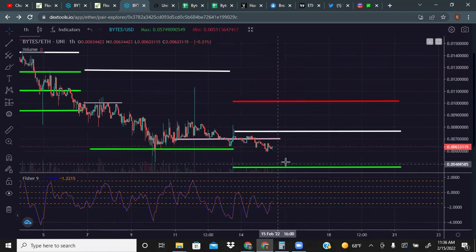I want to use the buyers to my advantage. So I want to find where the buyers are going to come in, and I don't necessarily want to give my bytes to the buyers. I want to give my bytes to the sellers, so the sellers can take my Ethereum, and that's basically what I'm trying to do, if that makes sense.